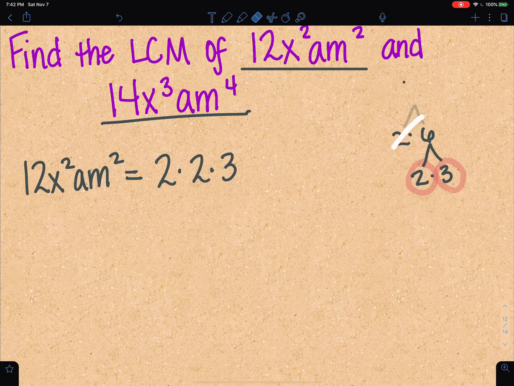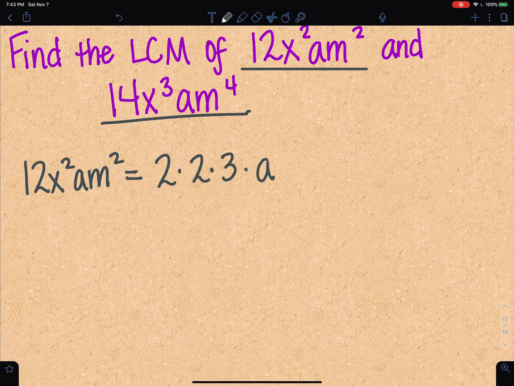Then I'm going to erase so that doesn't get confusing. And then I'm going to add in my letters. I'm going to spread it out. And it's a multiplication. Let's start with the x. x times a times m times m.